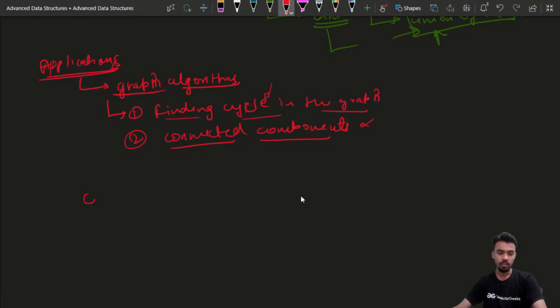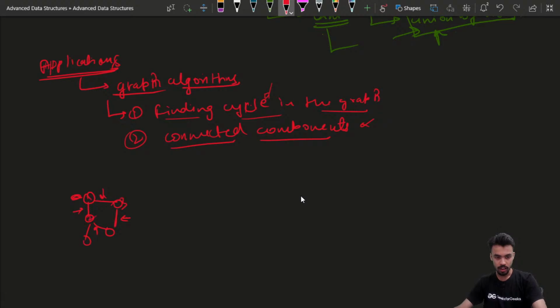So suppose you have some graph like this, and now suppose you get an edge like this, so now this forms a cycle. How are you going to check this? You can keep on adding the edge. So suppose these are the nodes 1, 2, 3, 4 and 5.